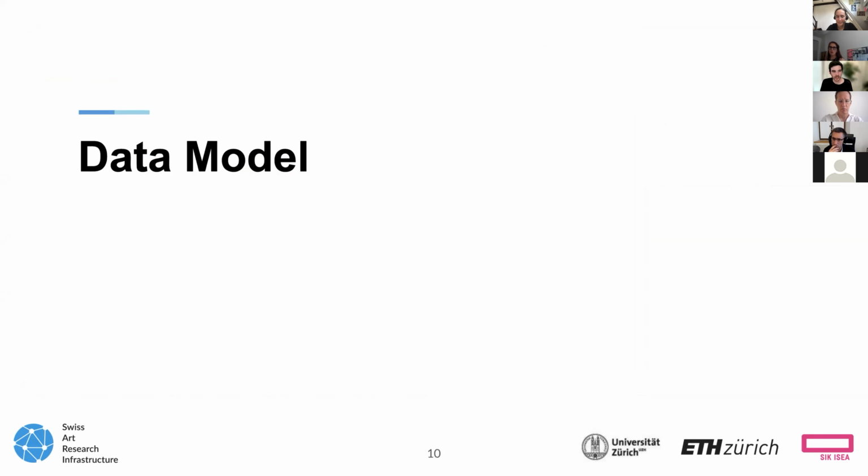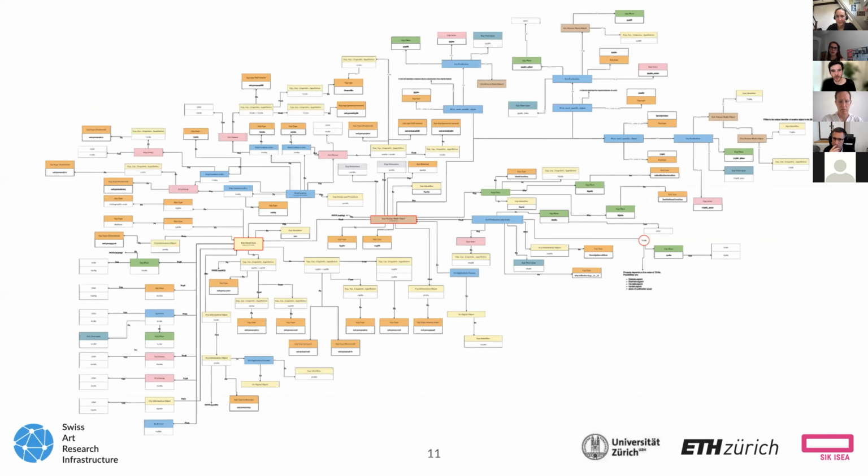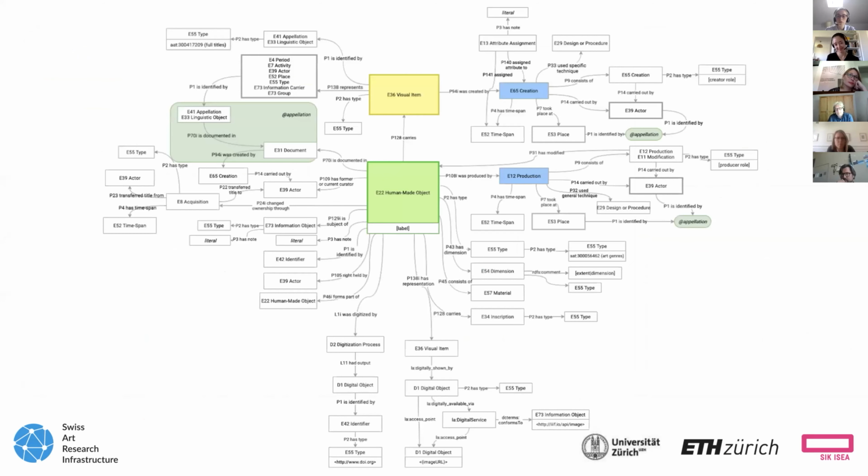The data model: this was our original data model for translating every input field into a node in this network. We have since simplified the view a bit, but the basic components are we have the physical object, which is the actual page document with the print, which carries a visual item for the image, the artwork.